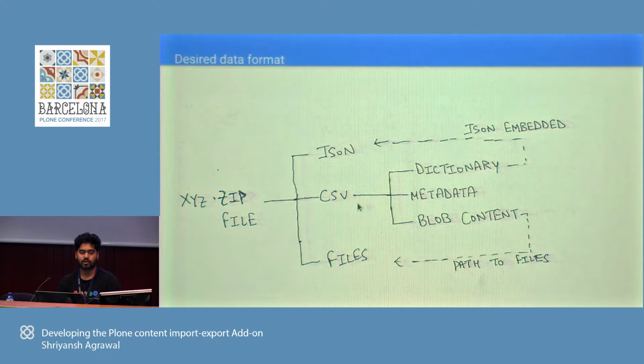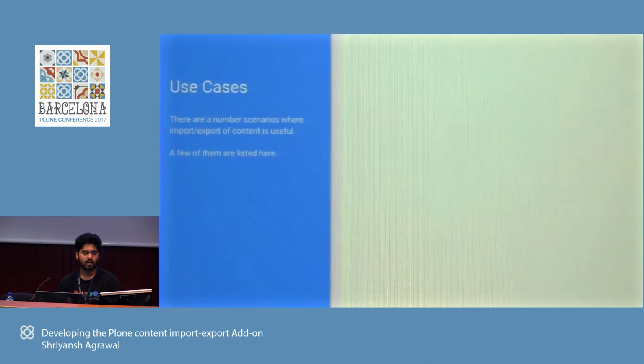The CSV itself could have a column named path for every content, which could lead to the file, and that helps the add-on figure out what exactly is going to be imported into the site. That is the desired data format.